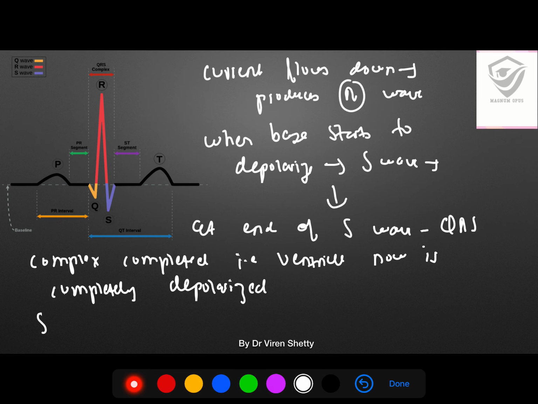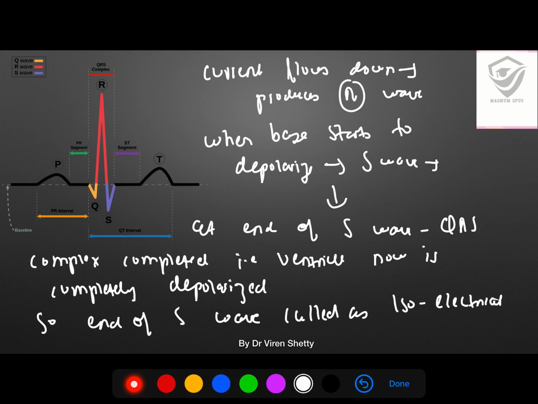The end of the S wave is called the isoelectric point or J point.